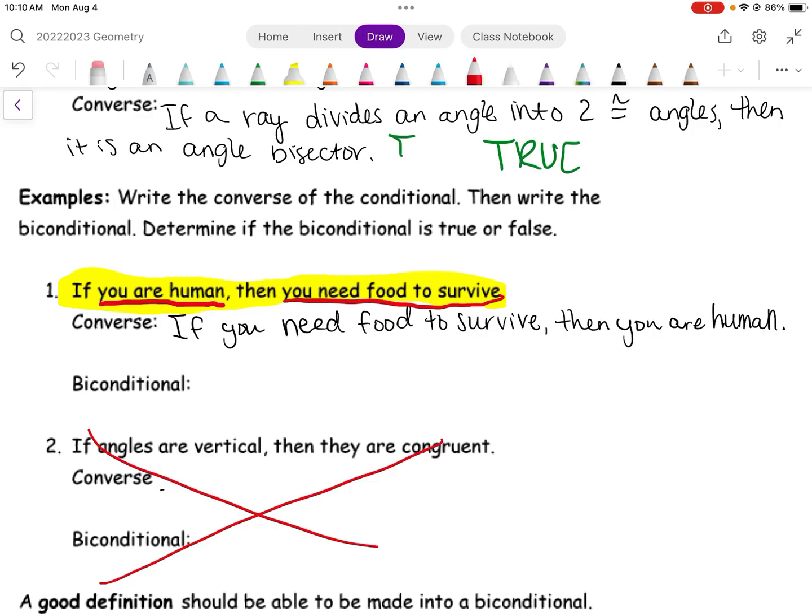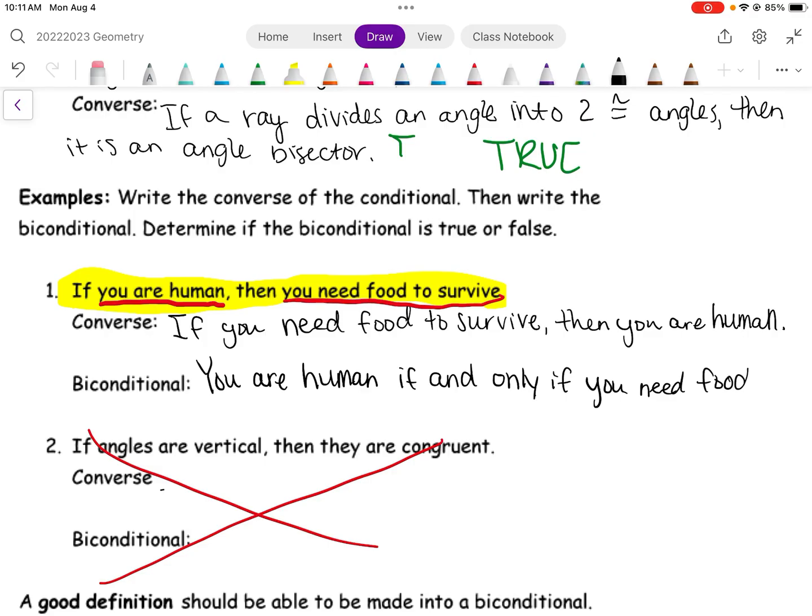Really all you need to do usually is just stick if and only if in between those two parts. So you are human if and only if you need food to survive.